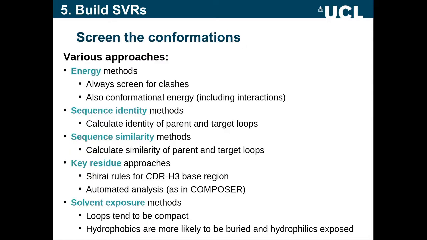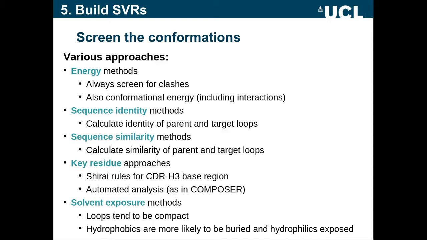Now, however you've generated these conformations to try to saturate conformational space, you then need to screen them to find the most likely true answer. So the first approach is an energy-based approach. Obviously, we always screen out for clashes first of all, so if we're using the knowledge-based approach, we might be looking at loops that simply cannot join onto the framework properly because they clash with other parts of the structure.